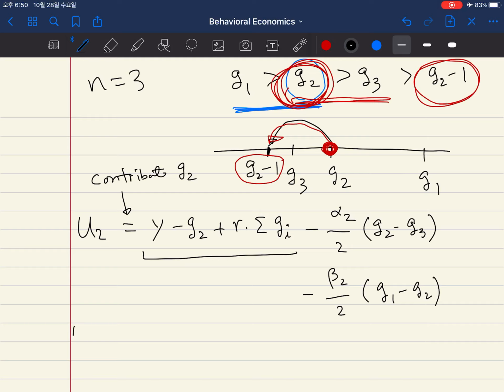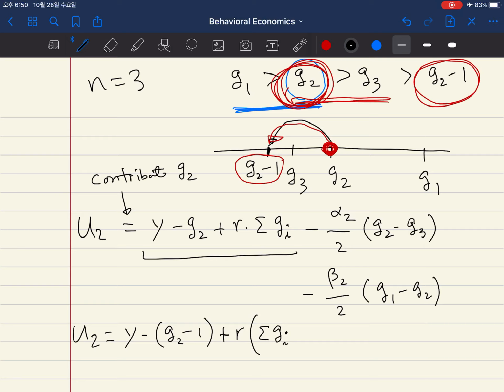Then in this case, the second individual's utility is going to be equal to income Y minus contribution, which is G2 minus 1, plus R times total public good.